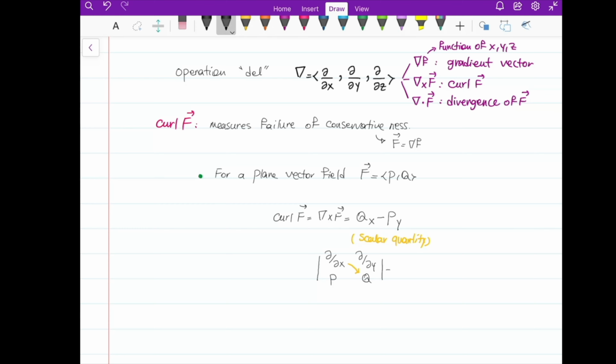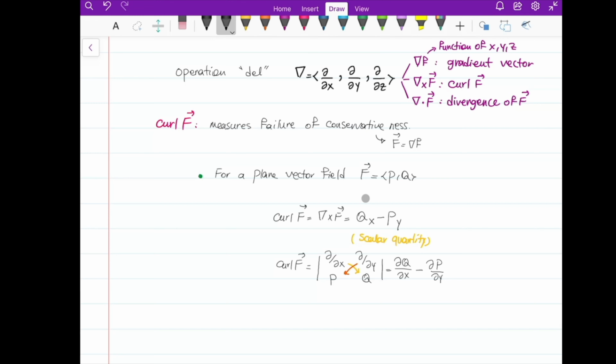It would be the partial of Q with respect to x minus this one, which is the partial of P with respect to y. Okay, so this is curl of a vector field F that is defined on a plane.